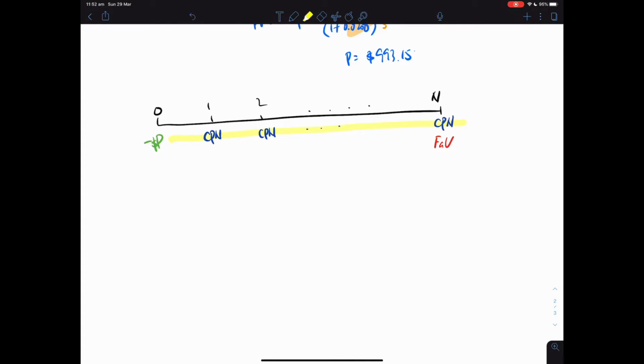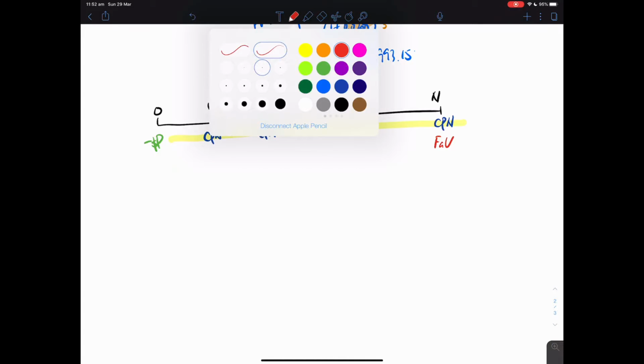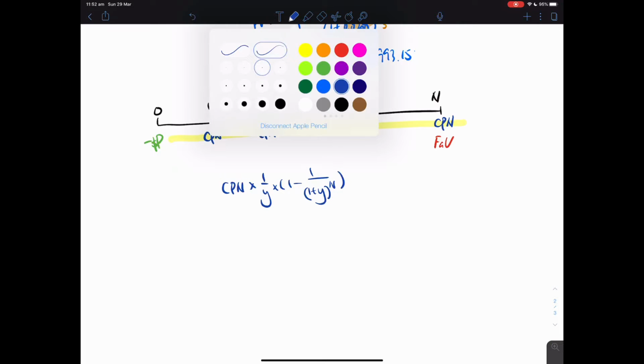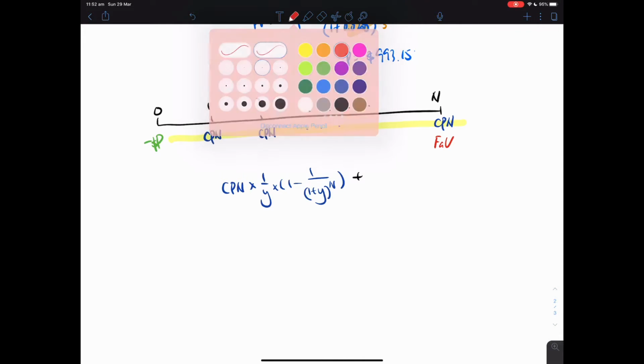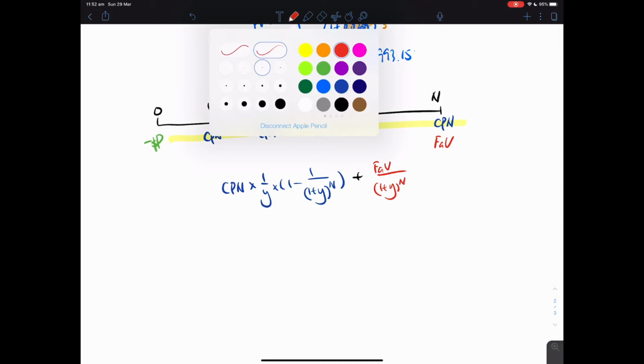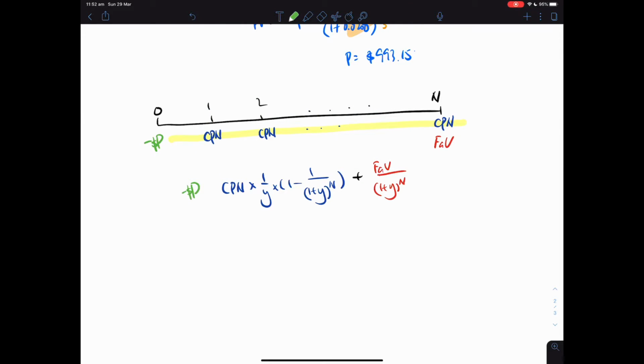So what we can write here is that the amount of income we're going to receive is CPN, coupon payment, times the annuity factor with Y, the yield to maturity, to the power of N, as well as a face value to be repaid at the end, N, because we paid minus P dollars to start with.